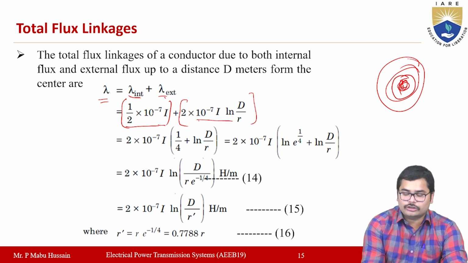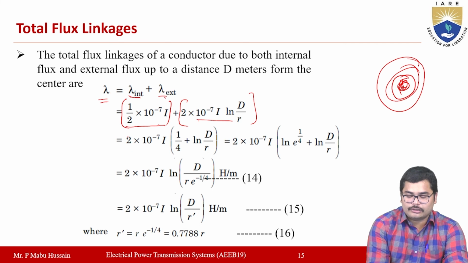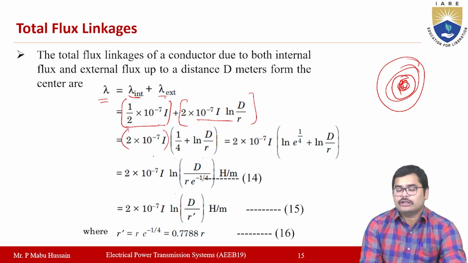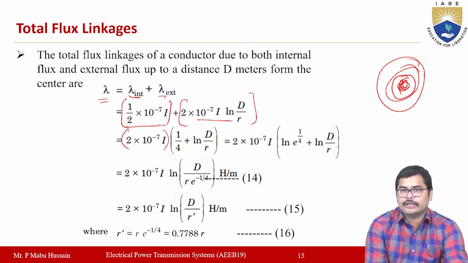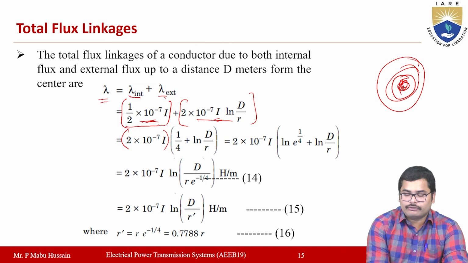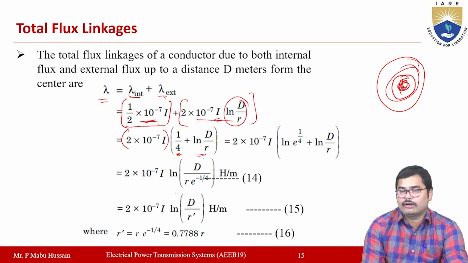In both the terms we take the common factor 2 into 10 power minus 7 into I. Then in the first term you can write 1 by 4, and the second term will have ln d by r.